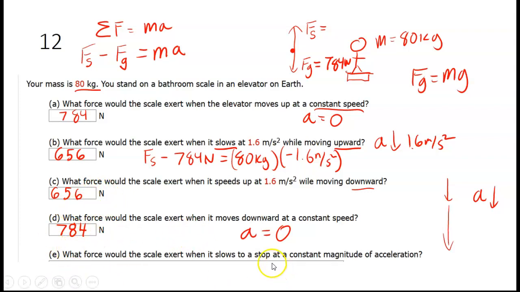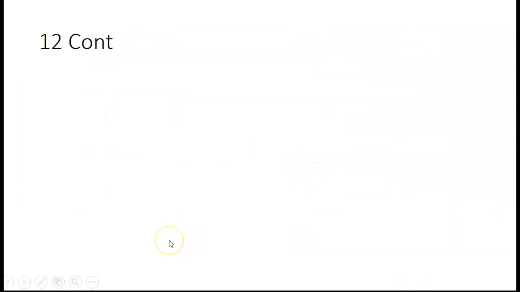If the elevator slows to a stop, the magnitude and direction of the net force really depend on the direction that you're moving as you go to a stop. So we know that if you're stopping while you move upward, your acceleration is downward. If you stopped while moving downward, your acceleration would be upwards.